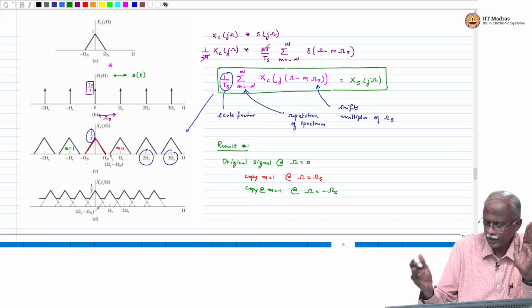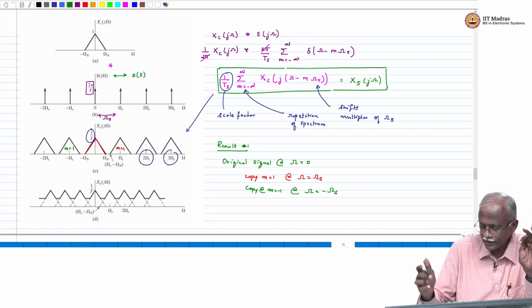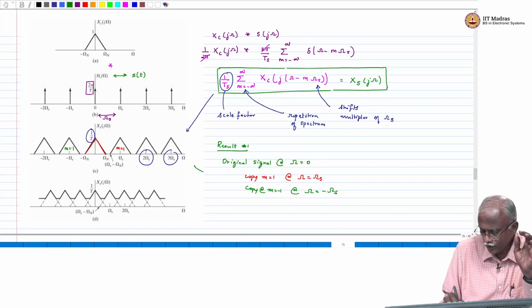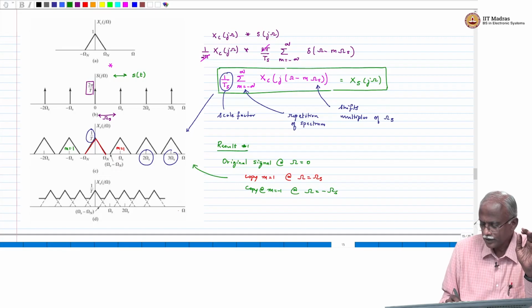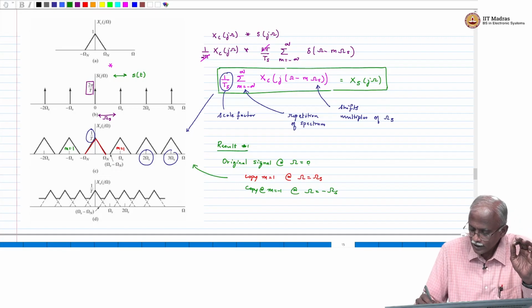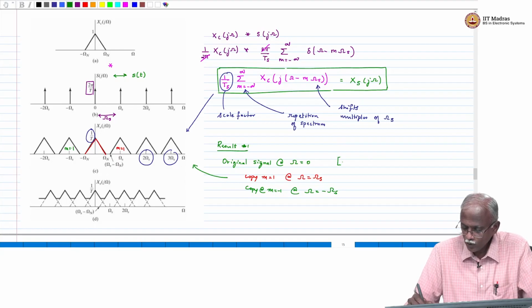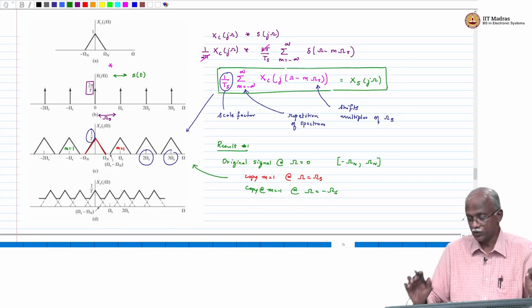You can look at how these things are occurring, and correspondingly understand this. Now, what is the frequency range of the original signal? It goes from minus omega n to omega n. Am I right?